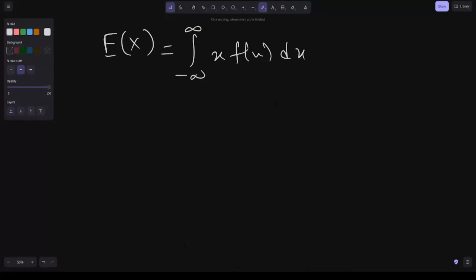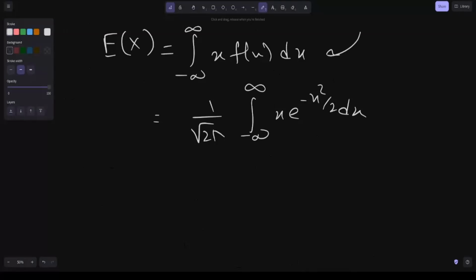So we'll also start by finding the expectation and variance now. So the expectation E of X. Okay, E of X. So how do we find E of X? E of X is nothing but integration from minus infinity to infinity x f of x dx, right? So we can write it as 1 by root 2 pi, integration from minus infinity to infinity x e to the power minus x square by 2 dx.